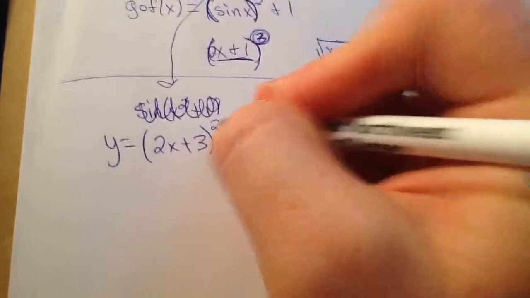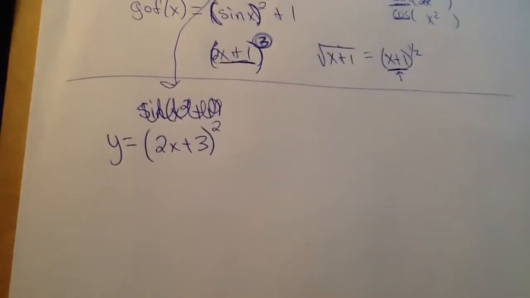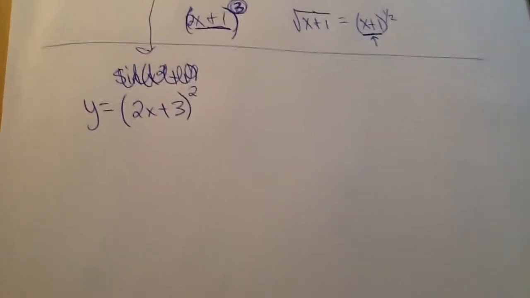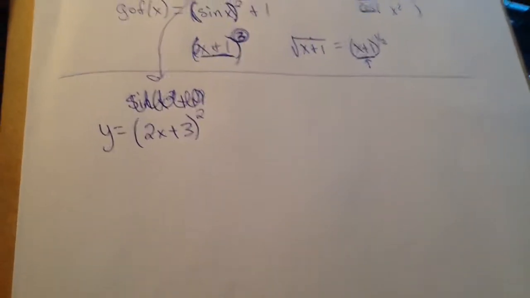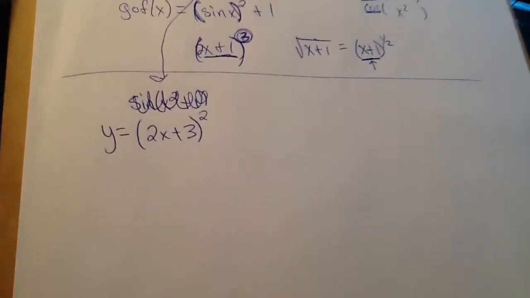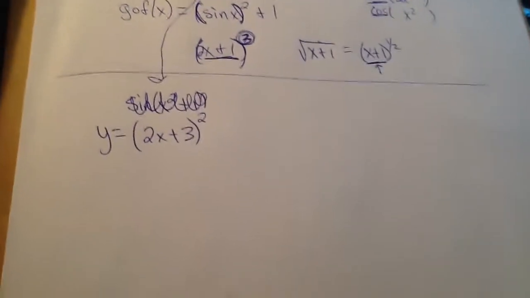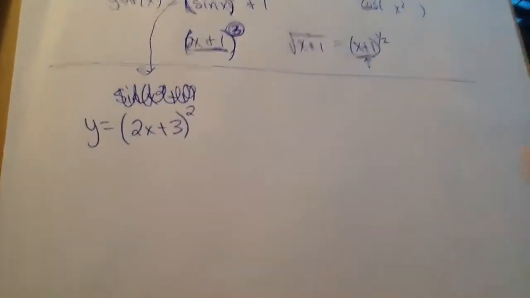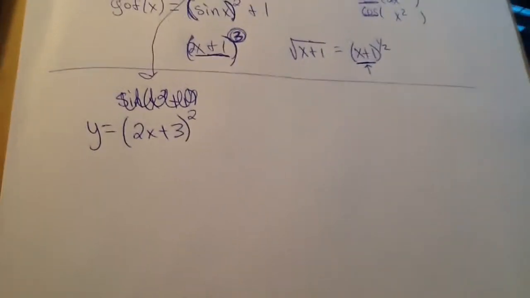We see we've got parentheses with stuff inside, we've got a power, we're going to have to do chain rule. So here's how you use it. There are 2 different ways, and they're both the same thing. Some people find one way easier than the other, so that's why I'm going to show you both. Let's go with the inside-outside way.